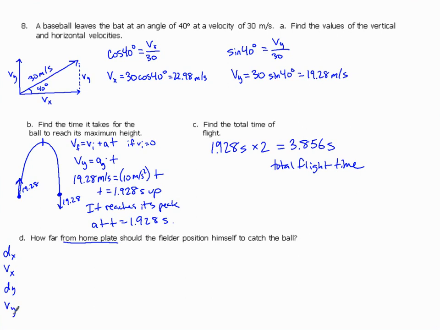And here's a basic picture of what we're doing here. So this ball is hit and it's going to travel in a path like this, and the fielder is going to catch it over here.